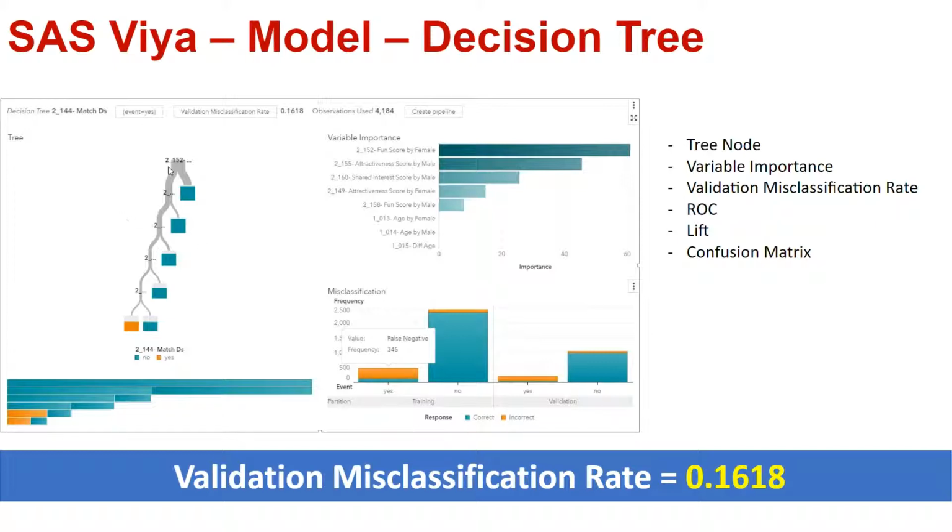Then it shows you how the tree is built, how all of our no decisions on the matches go to the right leaf, and all of the yes decisions go to the left leaf. Our validation misclassification rate was about 0.16, which is a pretty good range in this case.